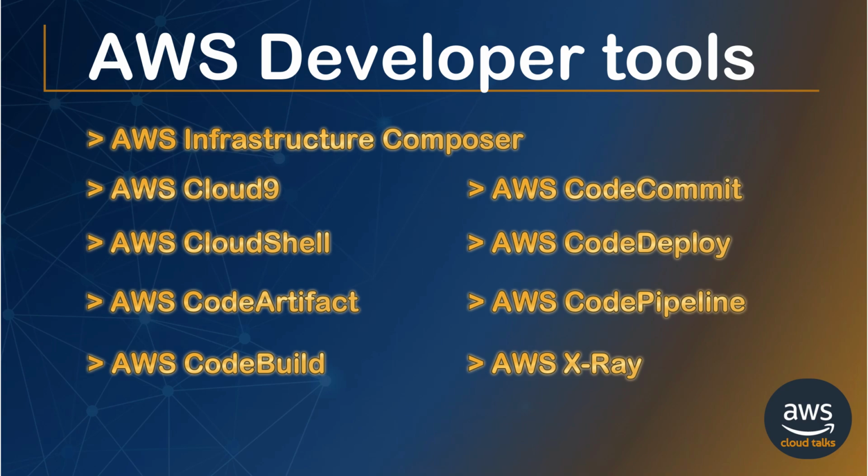You can understand how your application and its underlying services are performing, so you can identify and troubleshoot the root cause of performance issues and errors. AWS X-Ray provides an end-to-end view of requests as they travel through your application and shows a map of your application's underlying components.